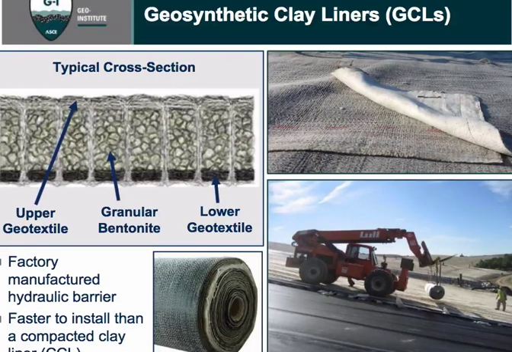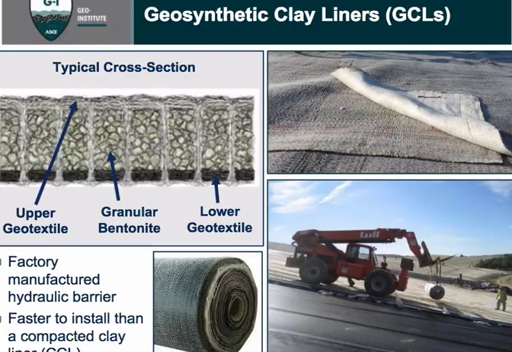On the top left of this slide, I've got a typical cross-section for a geosynthetic clay liner. A GCL is a layer of ground-up sodium bentonite. Sodium bentonite is a high-swelling, high-plasticity clay, and that's typically sandwiched between 2 geosynthetics. We might add other components to that system, as I'll talk about.